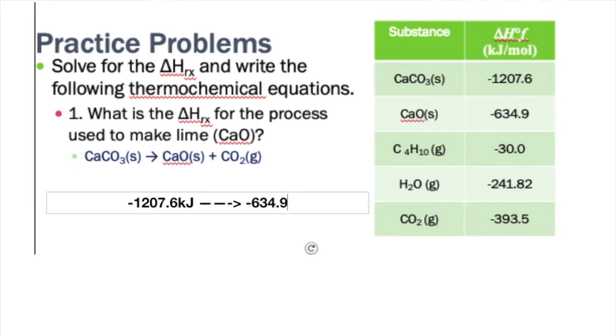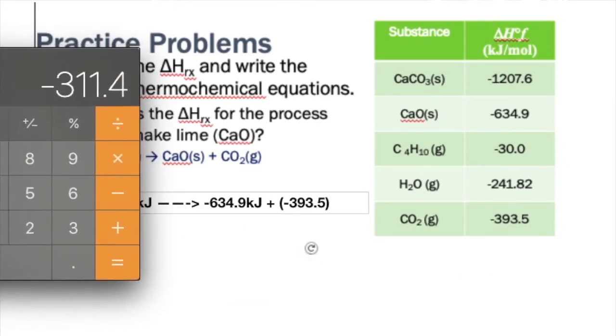So we're going to put it right below calcium oxide, and it's negative. And then we have carbon dioxide, and that one has a heat of formation of negative 393.5. So the first thing I'm going to do is add both numbers from the right hand side, from the products.